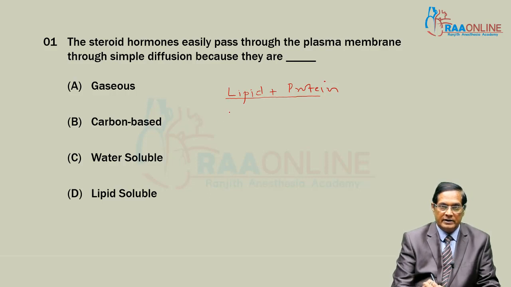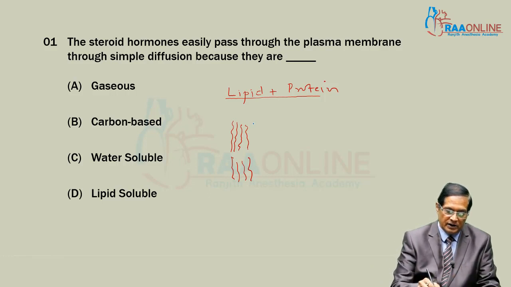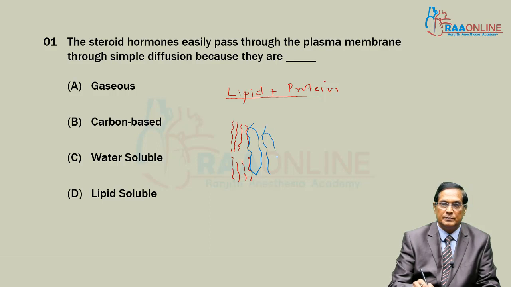Lipid is bilayered, in which proteins are arranged in different ways. Some proteins are buried in the lipid layer, some are seen in the lipid bilayer, whereas others are seen over the surface.